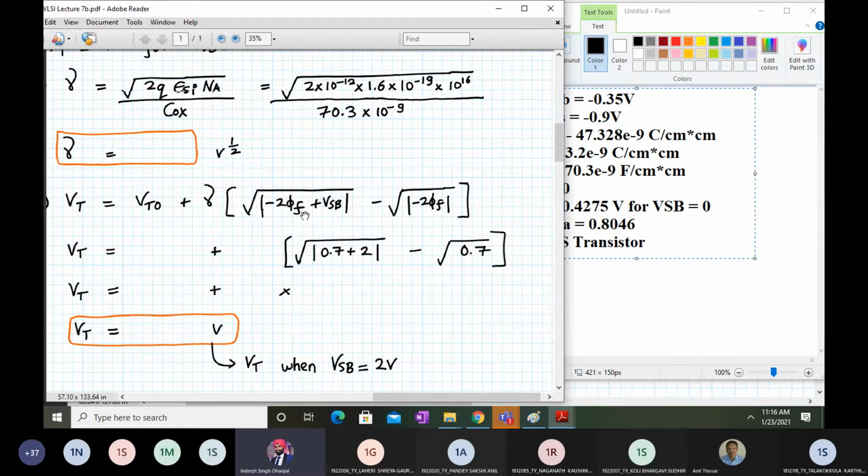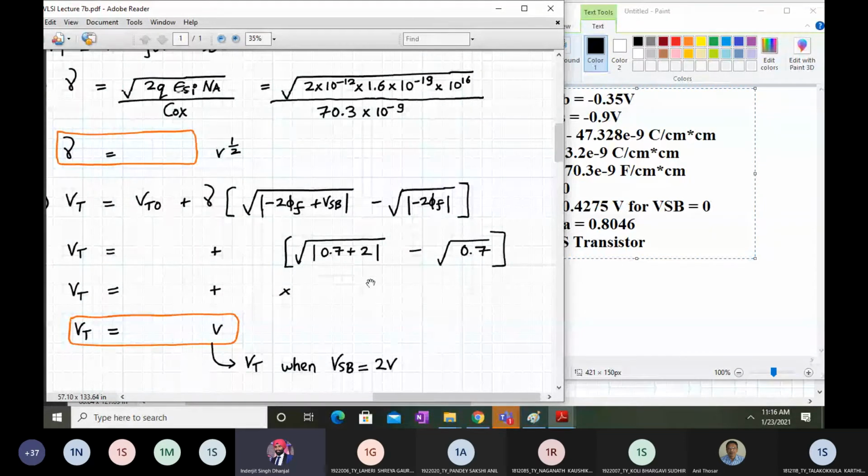Please don't forget to write minus twice phi f. Our phi f value is minus 0.35. So what will be minus twice phi f? It will be 0.7. Many people make mistakes over here, so do it very carefully.